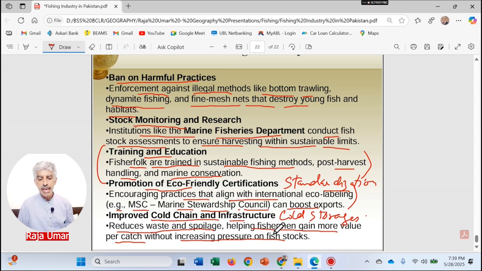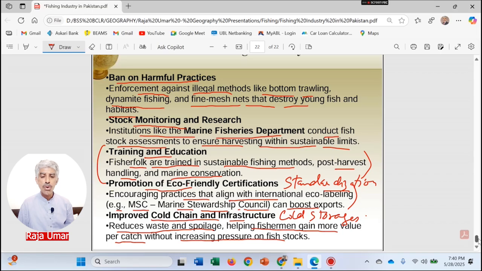In all those areas, the fish needs better infrastructure, storage facilities, and refrigeration facilities, so that whatever fish catch is coming should not get spoiled or rot. If it rots, that would be a blow to the economy, and that should not be done. So this is all about fish farming and sustainable fishing.